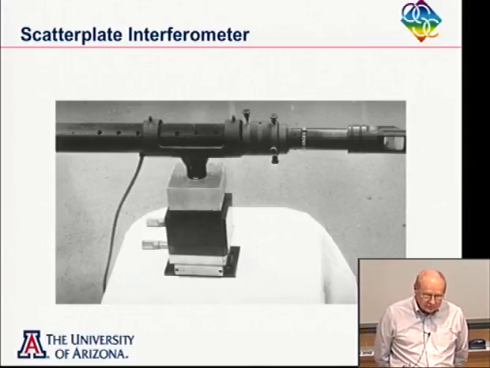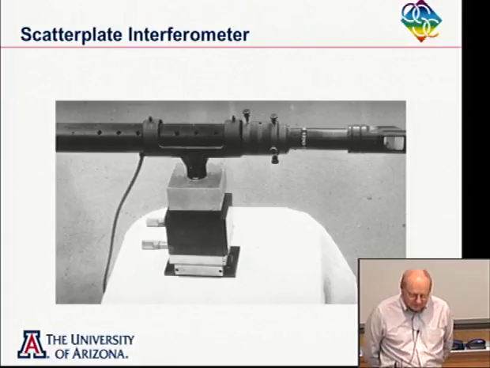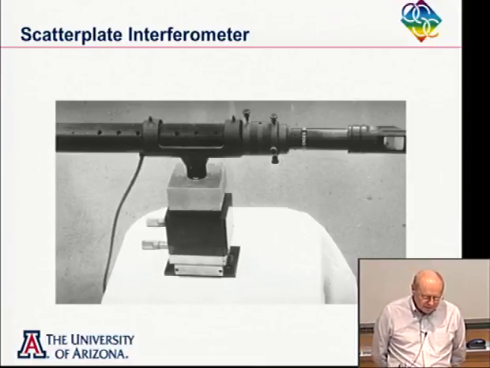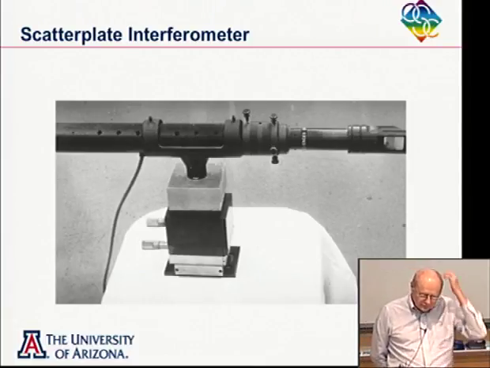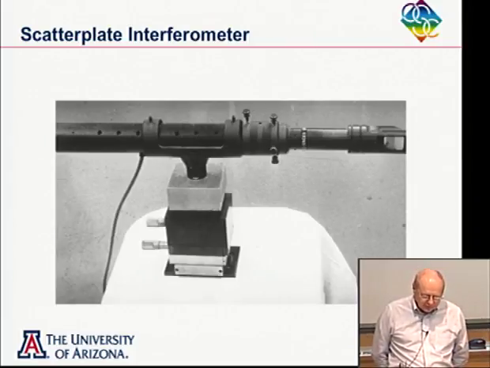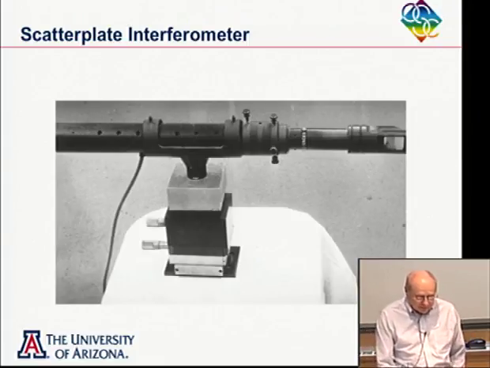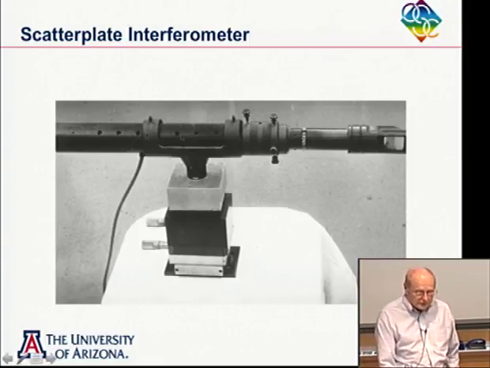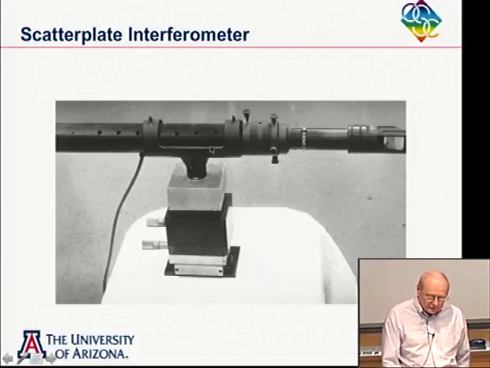I came out here, there was an OSA meeting in Tucson a long time ago, 1970, let's say, 70, 71. And I came out here to Tucson for the first time, and there was a tour of the building, and I saw, in our optics shop, my first scatterplate interferometer, and I think this was probably it. And it was Roland Shack who was showing it off at that point.